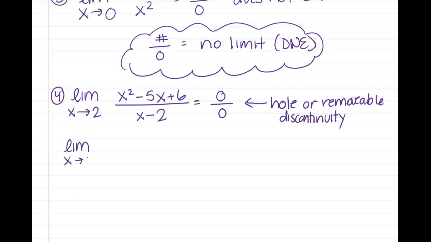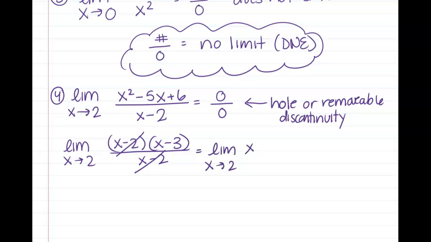So we can factor. That happens a lot. So we can factor x squared minus 5x plus 6 into x minus 2 times x minus 3. In the denominator, we still have our x minus 2, and now we can cancel out that hole. And so this is actually the limit as x approaches 2 of x minus 3. And now we can evaluate, and 2 minus 3 is negative 1.